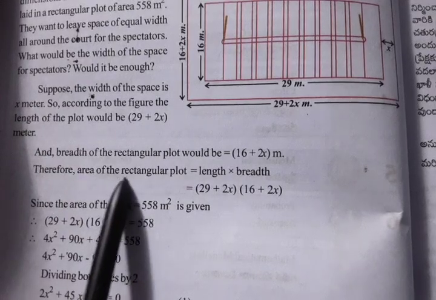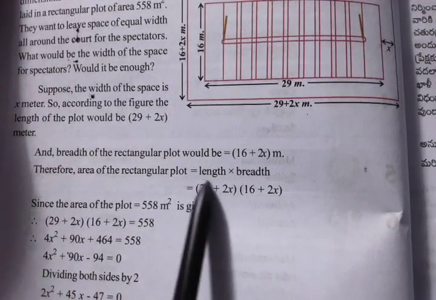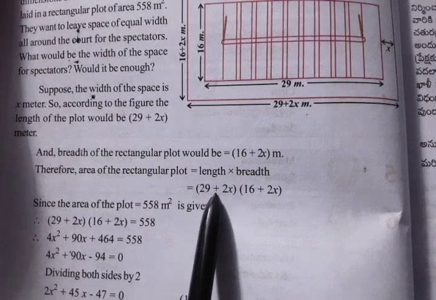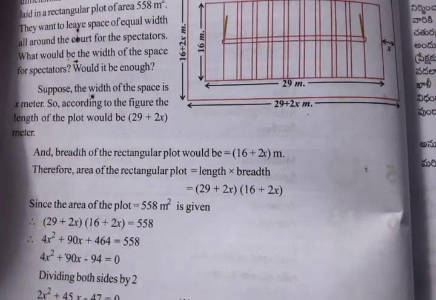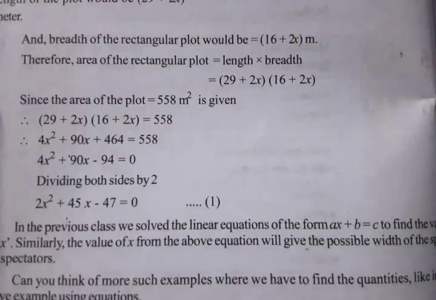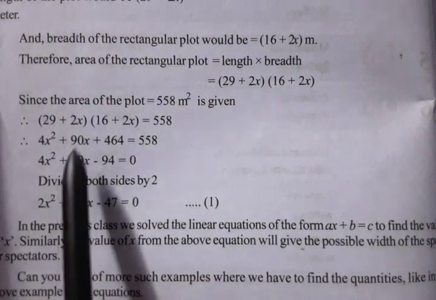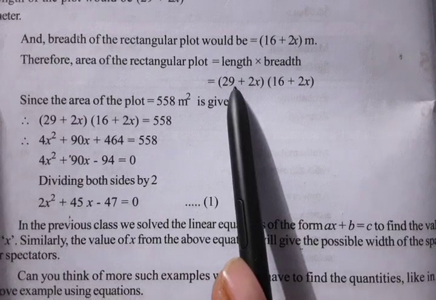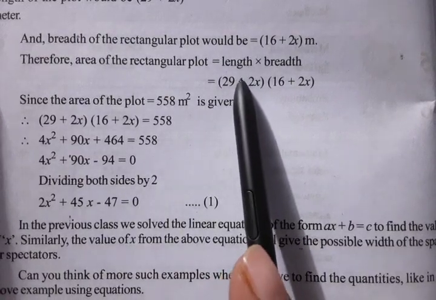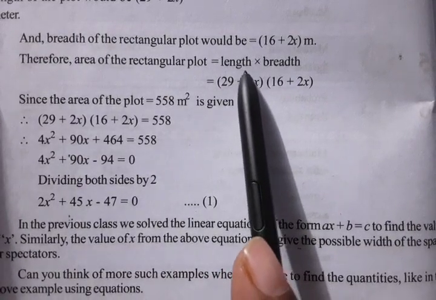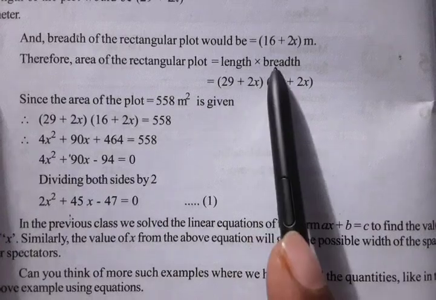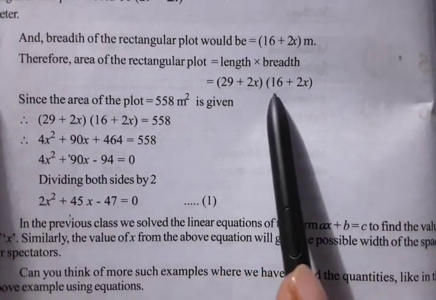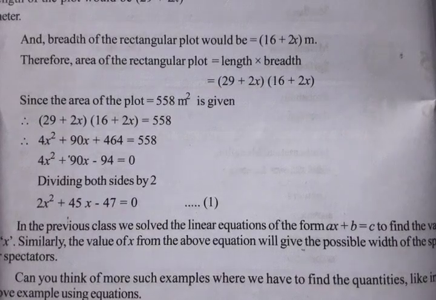Therefore, the area of the rectangular plot is equal to length into breadth. The length is 29 plus 2x and the breadth is 16 plus 2x.